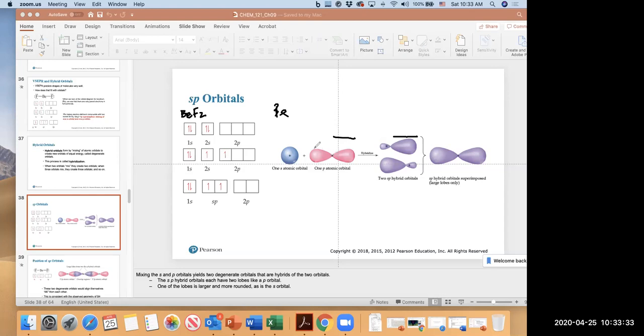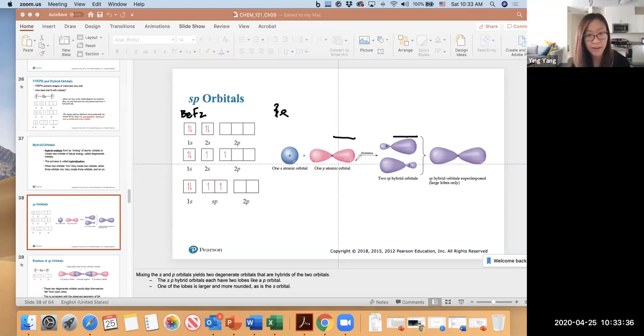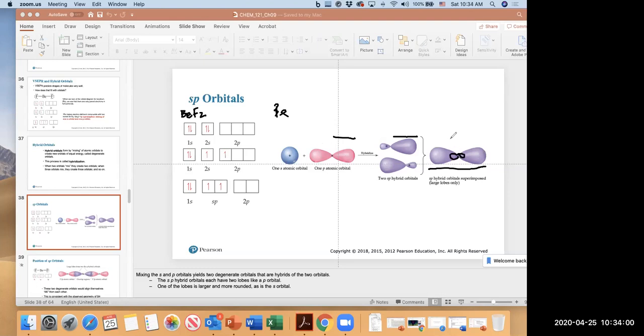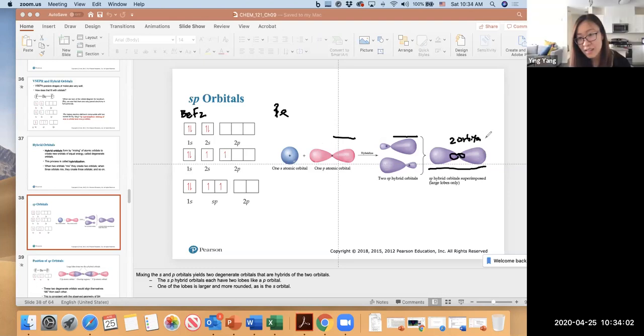Now they are going to overlap and hybridize to form one orbital with this shape, a big lobe and a small lobe, and a second orbital of the same shape, but pointing in the opposite direction. What you're seeing here is just the overlap of these two, a superimposed structure. It's only showing the big lobe. It doesn't show the small lobe, but it's there. So these represent two orbitals, but different from this, which is just one orbital.